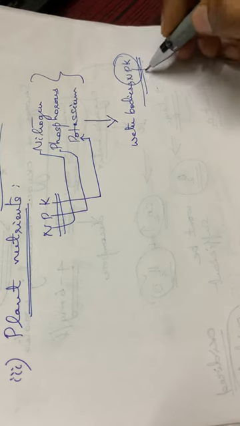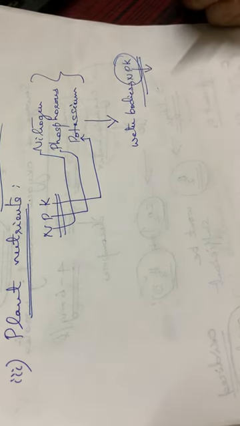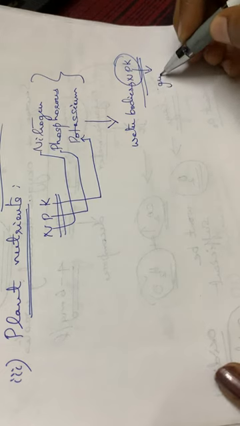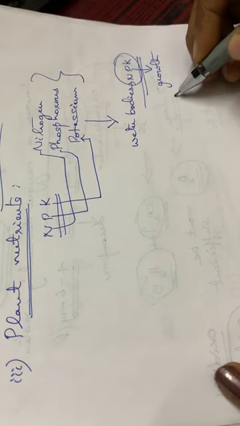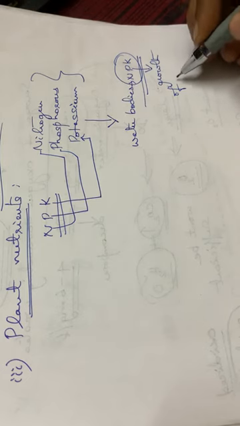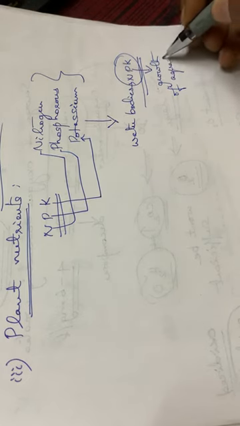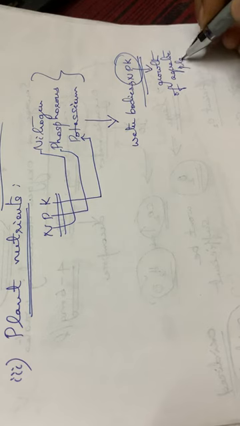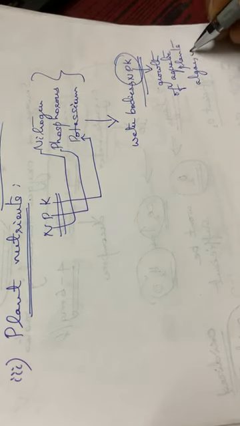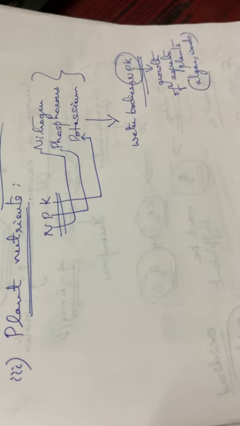As a result of these NPK mixtures in the water bodies, what happens? It will be helping the growth of the aquatic plants, just like algae, weeds, etc. This will be encouraging the growth of the aquatic plants present in that particular water body, and they will be growing so fast.